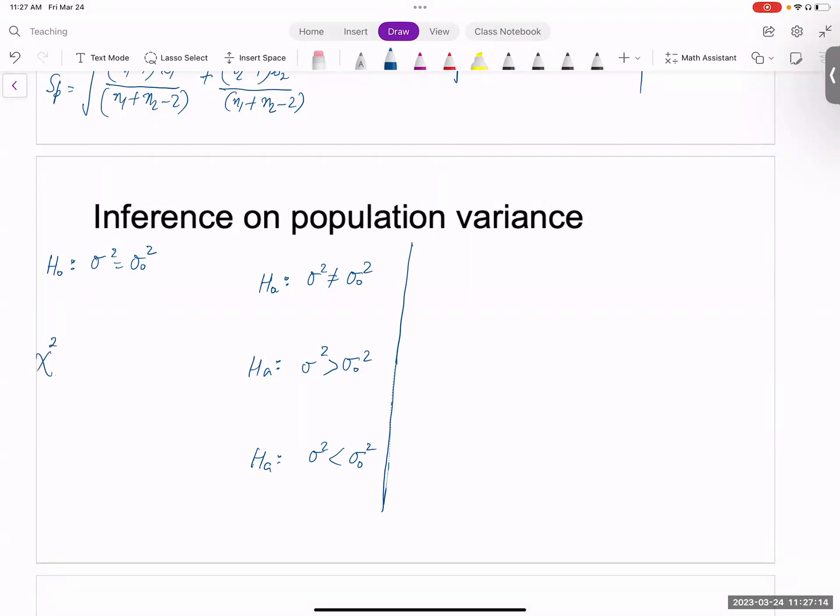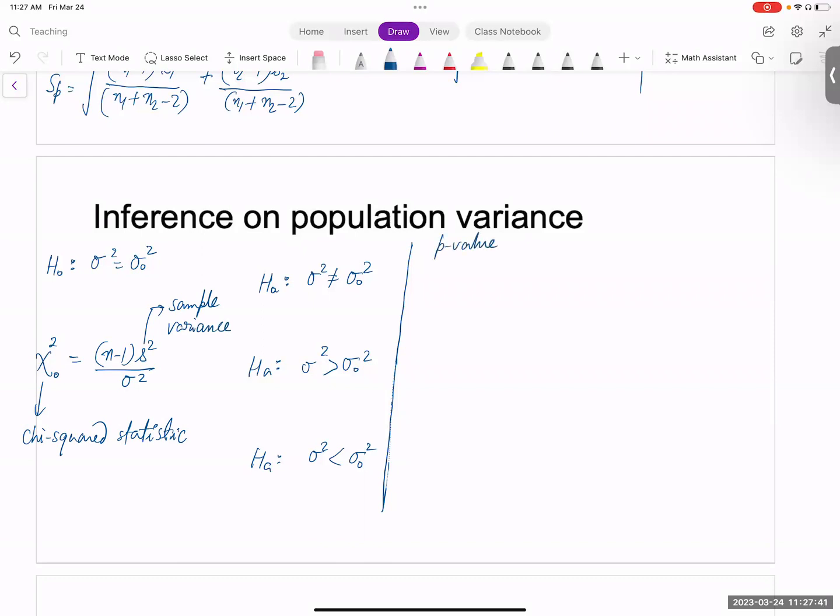The test statistic in this one is called a chi-squared statistic, okay, which is equal to n minus 1 times s squared divided by sigma squared, where s squared is the sample variance.